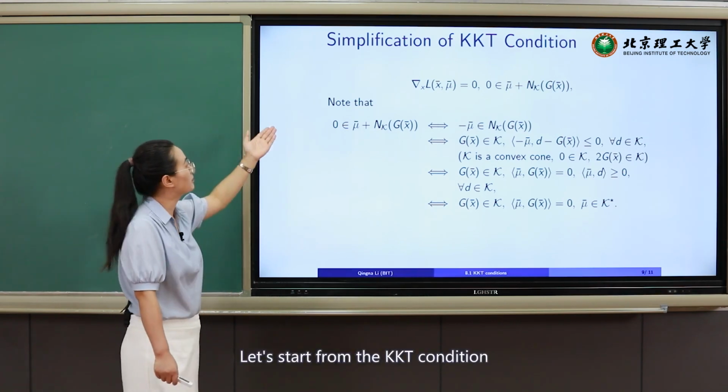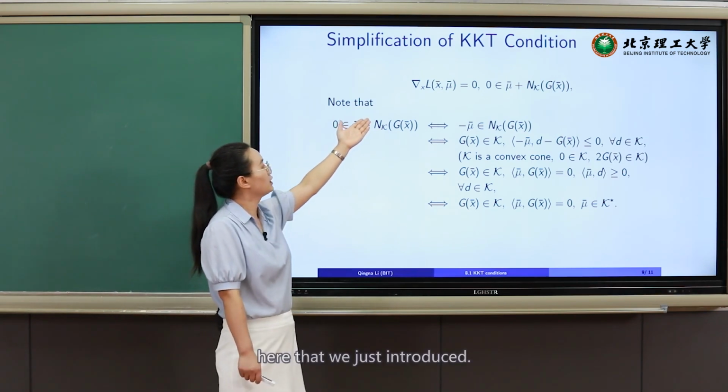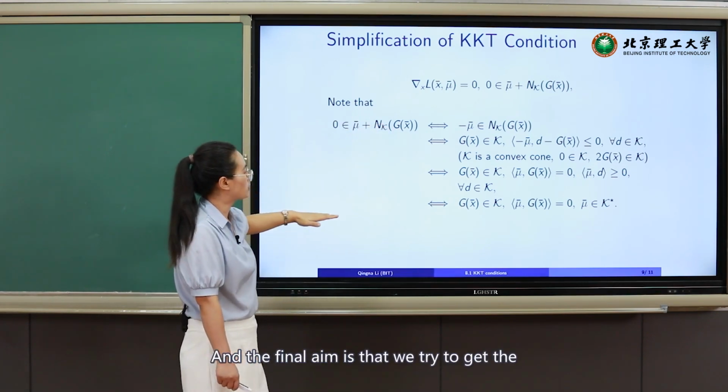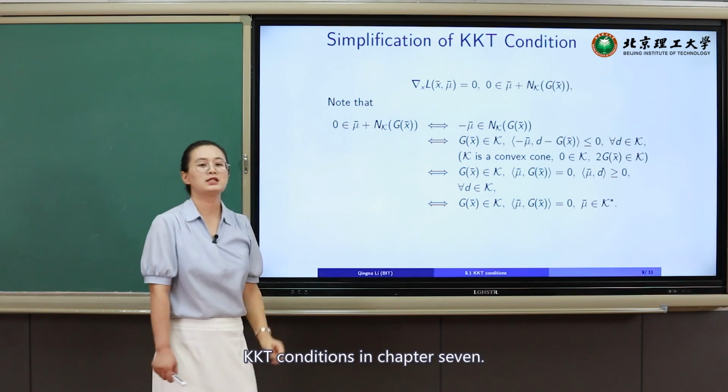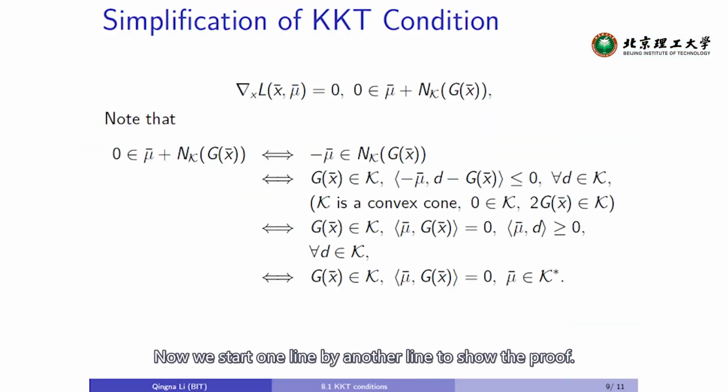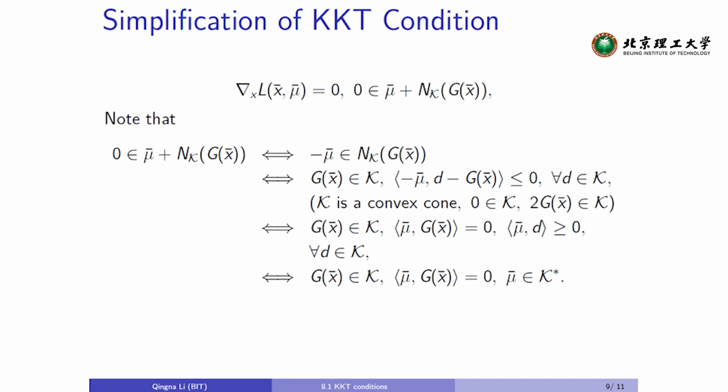Let's start from the KKT condition that we just introduced, and the final aim is to get the KKT conditions in chapter 7. Now, we go line by line to show the proof, okay? We start from the second condition here.